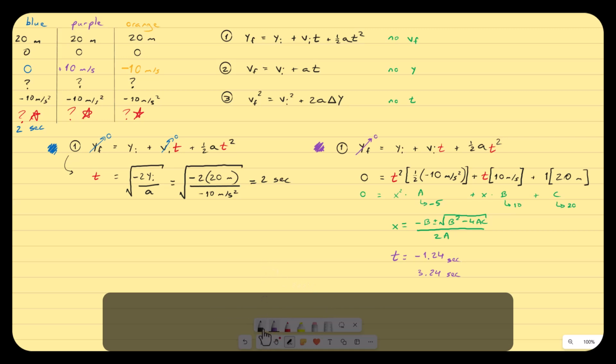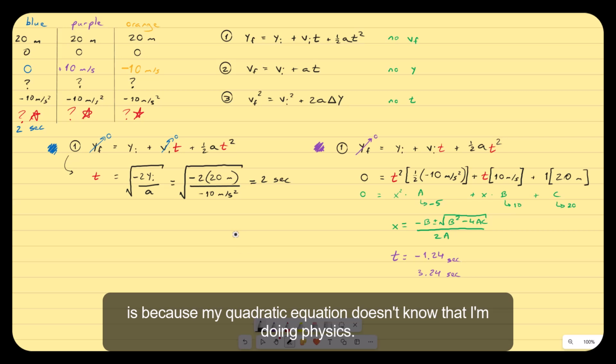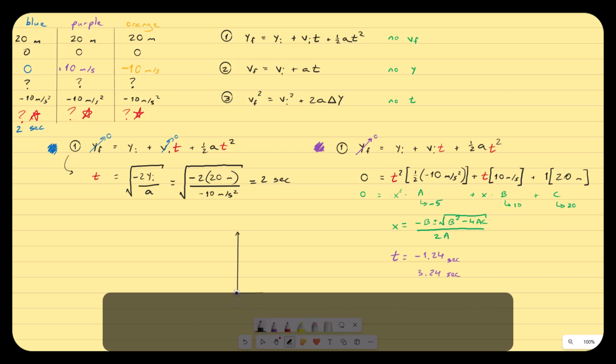The reason I'm getting 2 values is because my quadratic equation doesn't know that I'm doing physics. It just says I have this equation. That equation plots out a parabola.